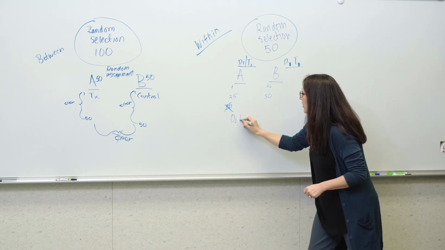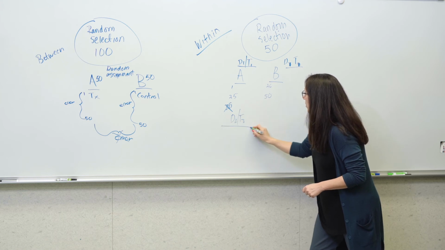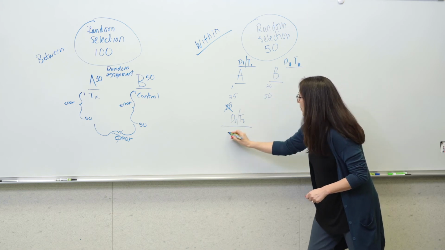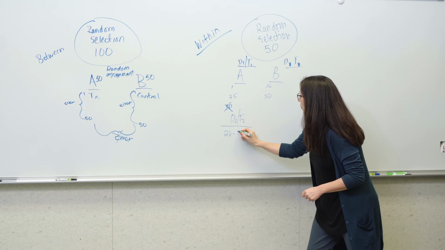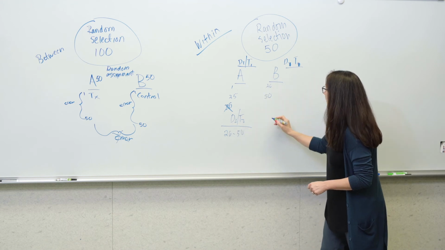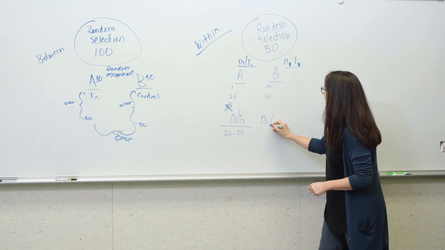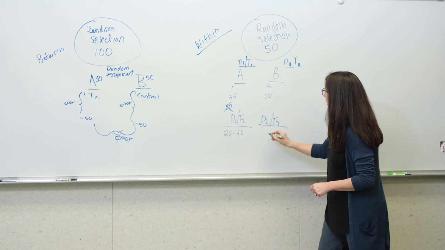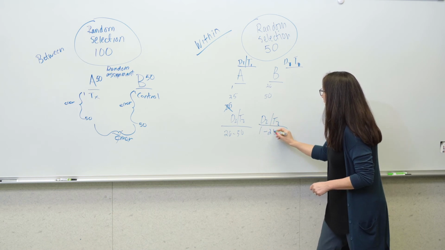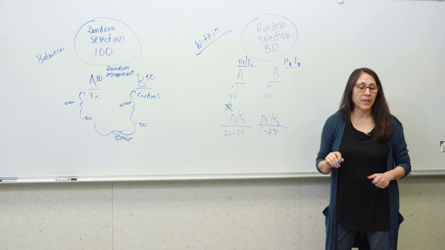Day 2, time 2, we have 26 through 50 in A, and day 2, time 2, we have 1 through 25 in B.